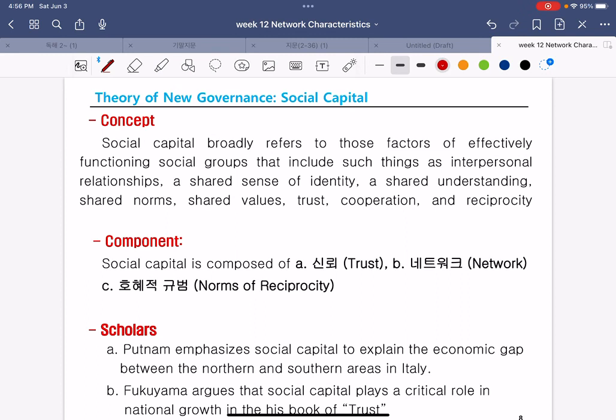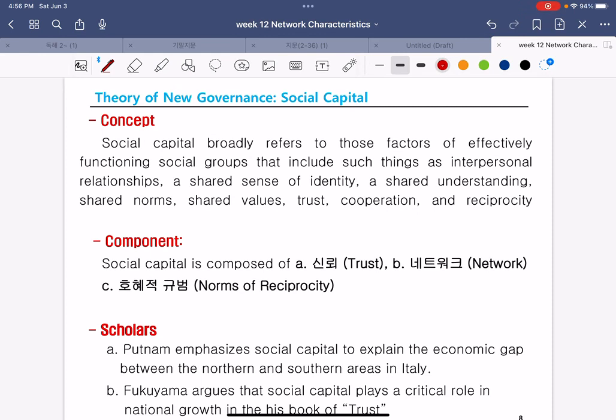Okay, so from now on, we will study the theories explaining new public governance: the social capital theories, NGO theories, and citizen participation theories, which explain the characteristics of new governance.